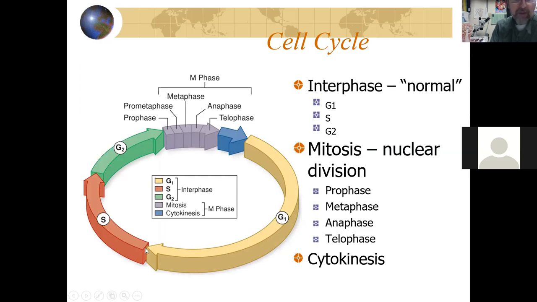So they copy their DNA in the S part of interphase, which stands for synthesis. After the DNA is done copying, they spend a little more time in interphase, but they're doing different things there. They're making proteins needed for cell division. And then they enter the M phase, where they condense their chromosomes into compact structures and then separate them.